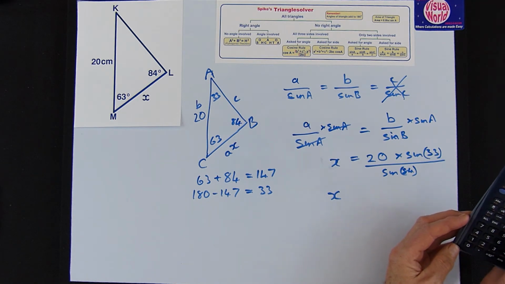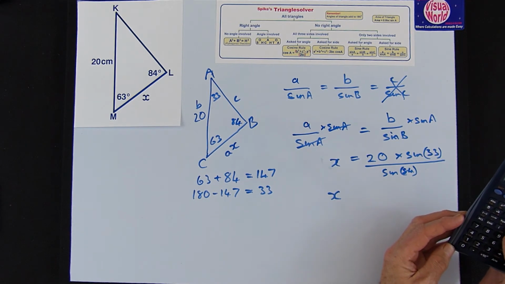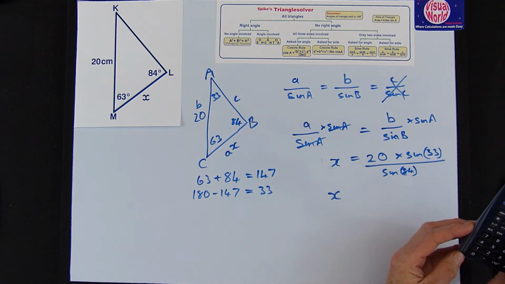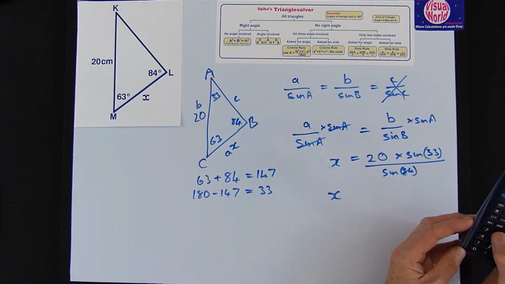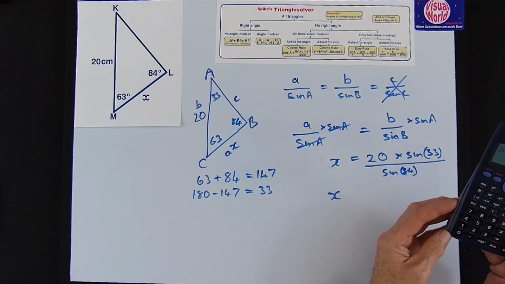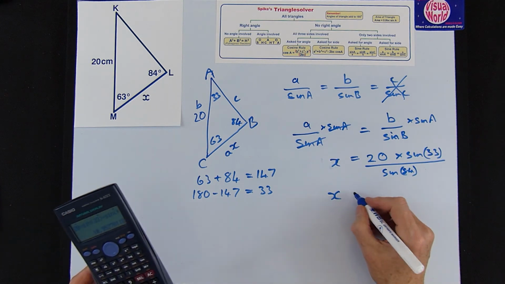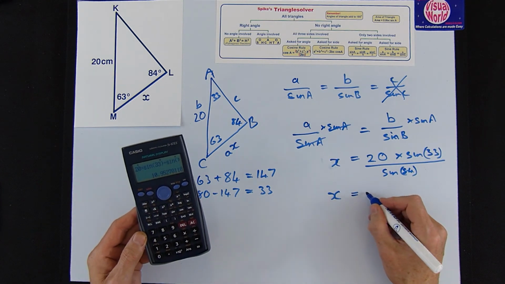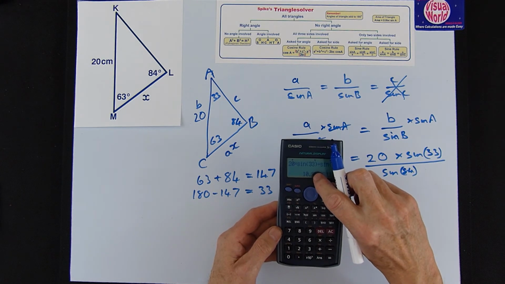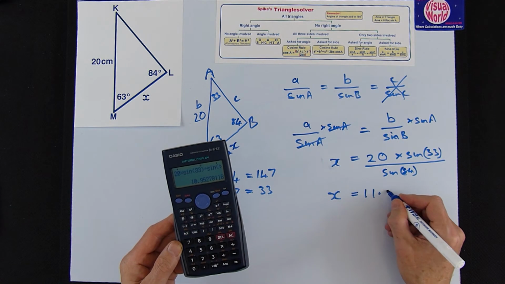So we get sine 33, close the brackets, divided by sine 84. Close the brackets again, and that equals, and you'll see it's 10.95, so that'll round up to 11.0.